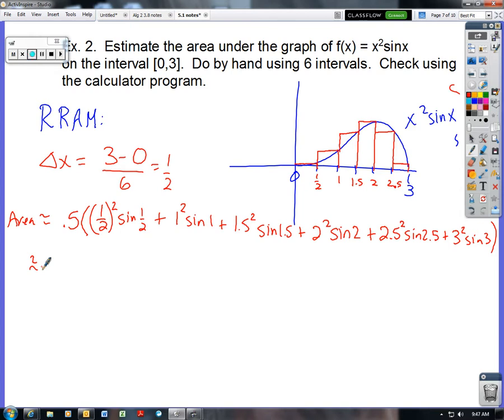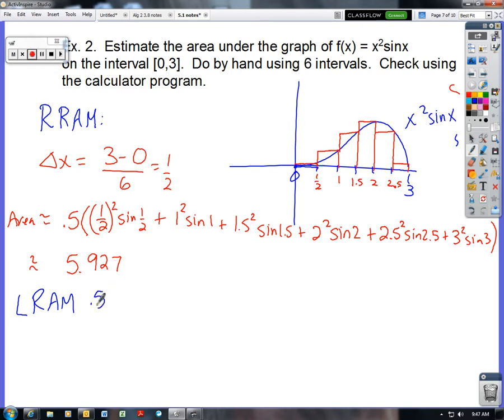I'm just going to save time, I will look here in my notes. Hopefully I did this one this way in my notes. RRAM. Okay, in my notes here I have that it is approximately 5.927. By the way, if you use LRAM, the height of your first one, your first x is 0.